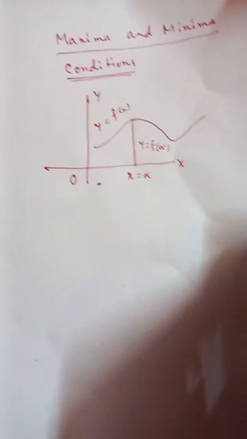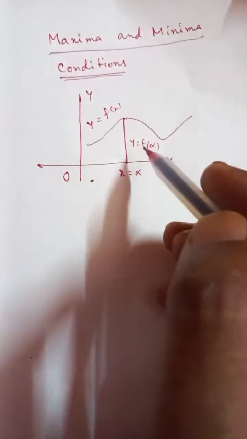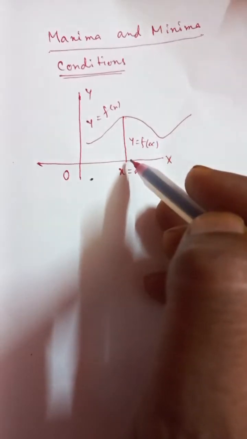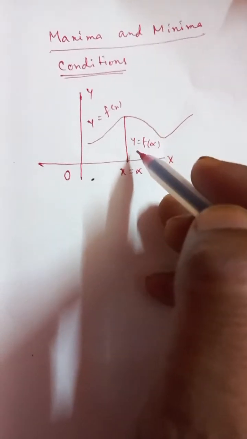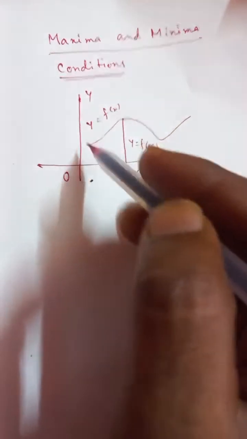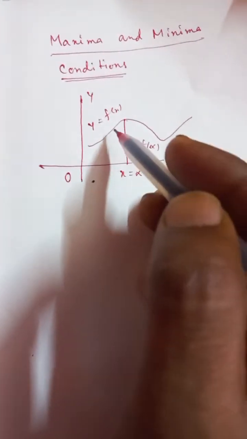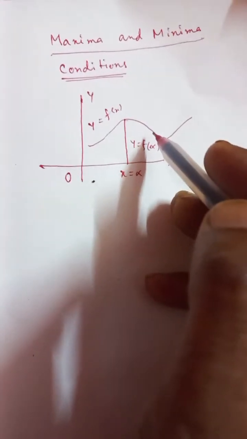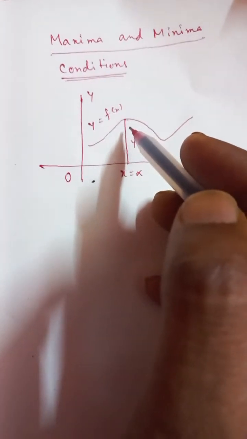So we want to know the condition, or how we can calculate it, to find out without drawing a graph that the function takes a maximum value.